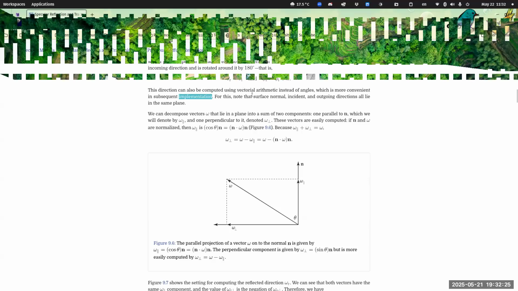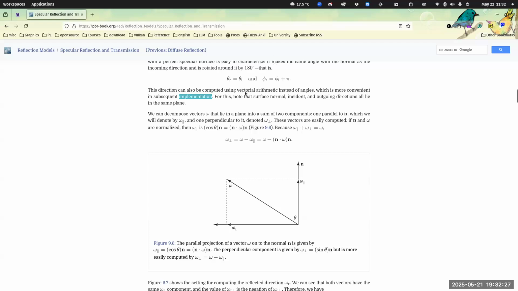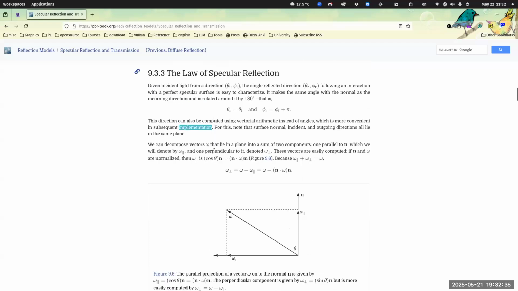Basically, we don't need to use that much trigonometry to compute things. Instead, we can decompose the vector omega that lies in the plane into the parallel and vertical components.